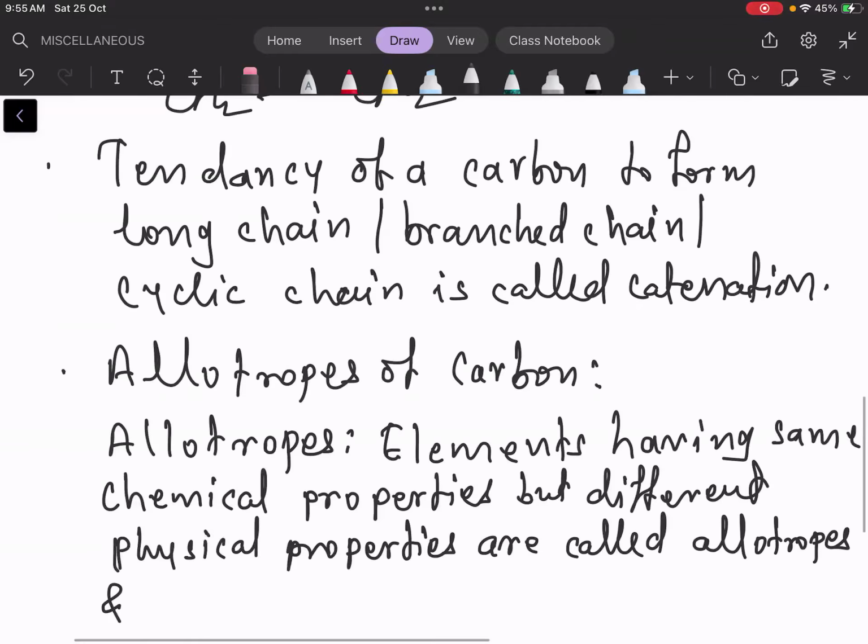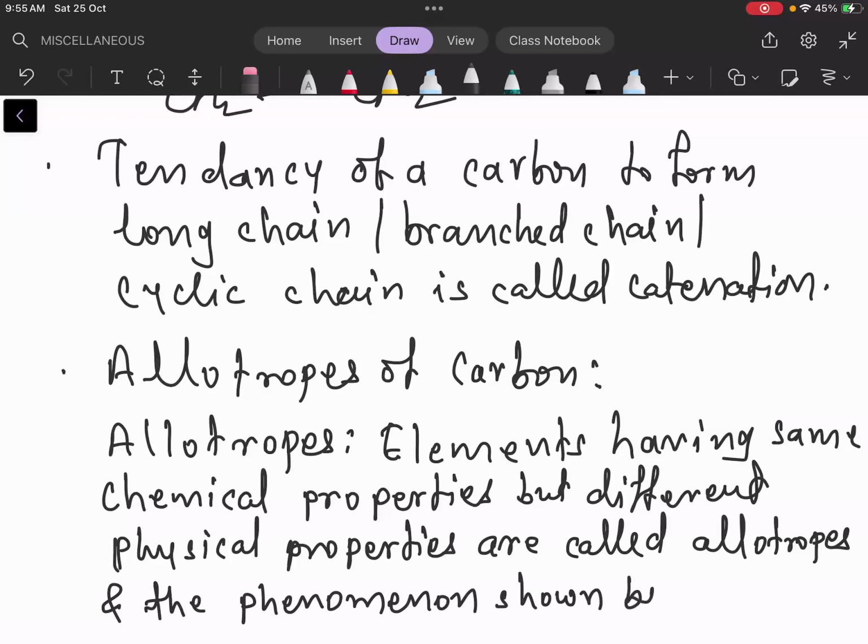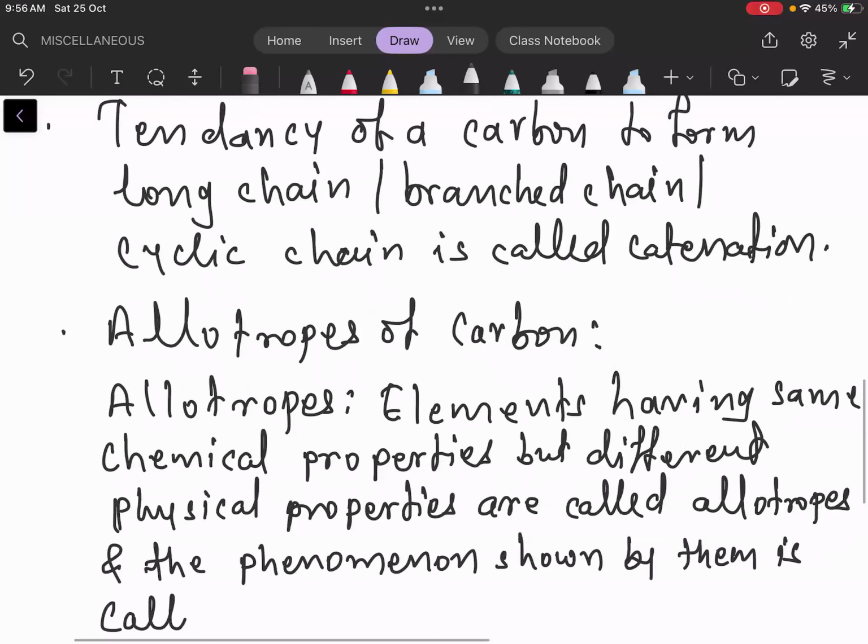And the phenomenon shown by them is called allotropy. Okay.